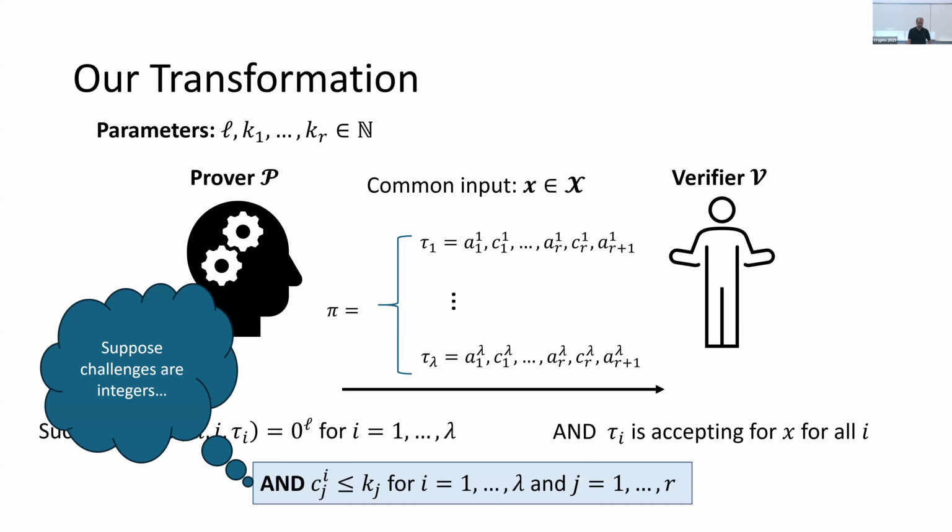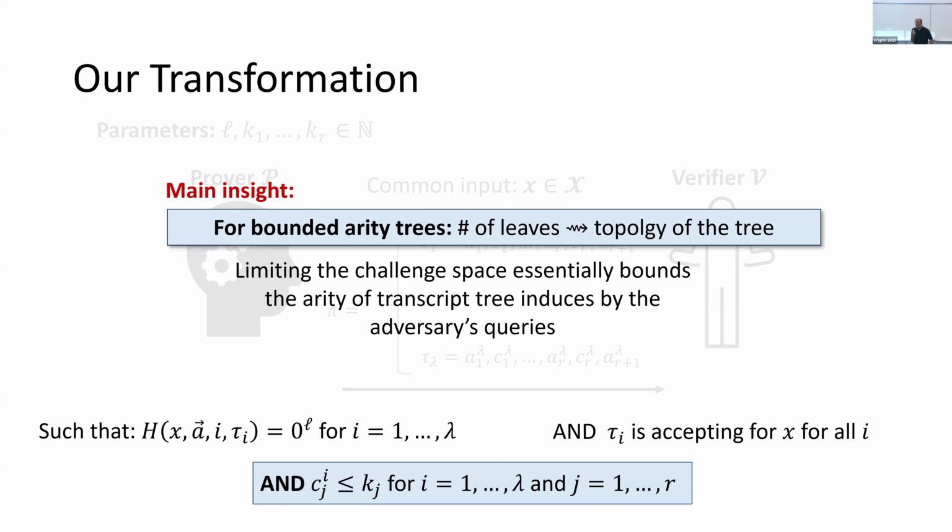But in addition, we also require that the jth challenge in all of these transcripts is bounded by the parameter Kj. The main insight here is that even though the number of leaves for deep trees doesn't determine the topology, if you bound the arity, it tells you a lot more about the topology.